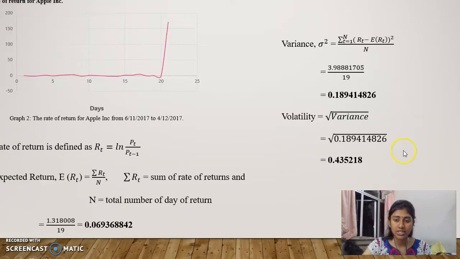The volatility is the degree of variance of a trading price series over time as measured by the standard deviation of logarithm returns. So the Apple company experienced a period of low volatility, which is 0.435.